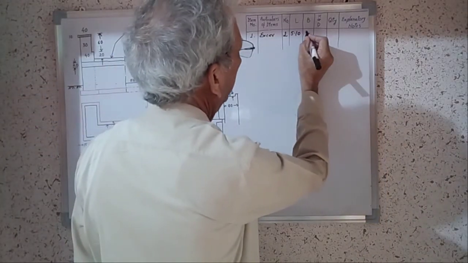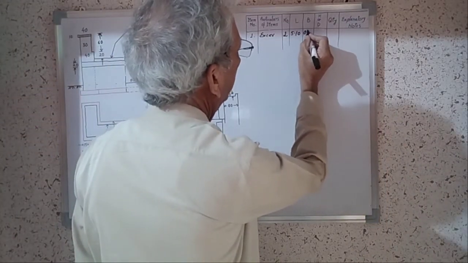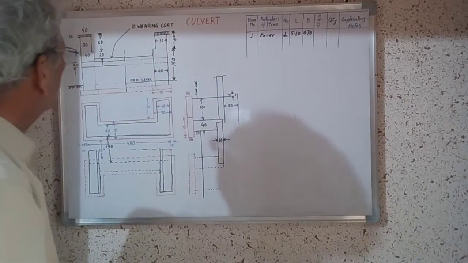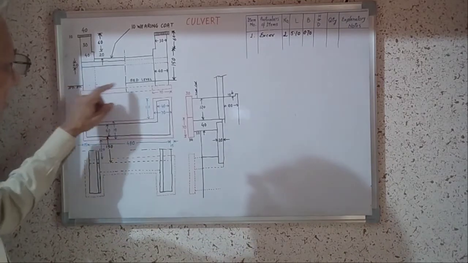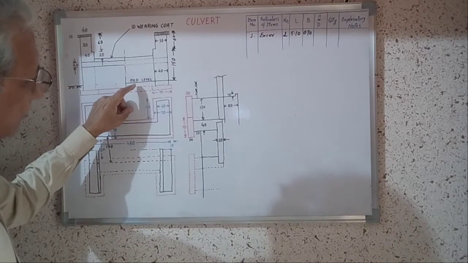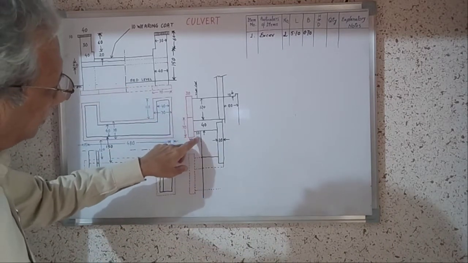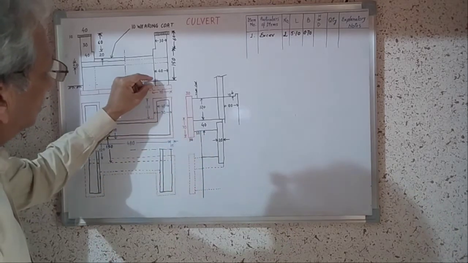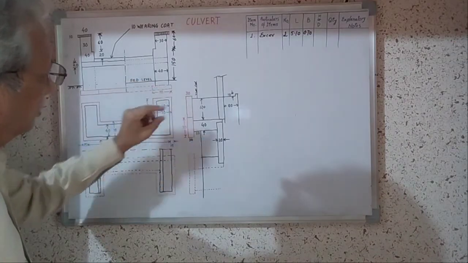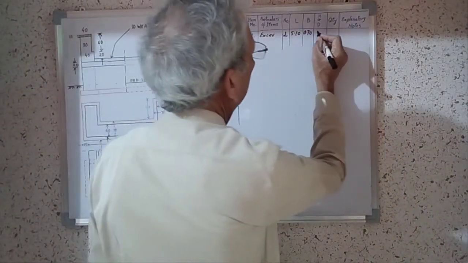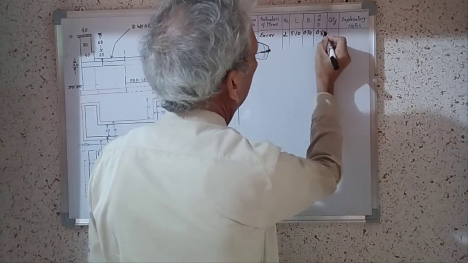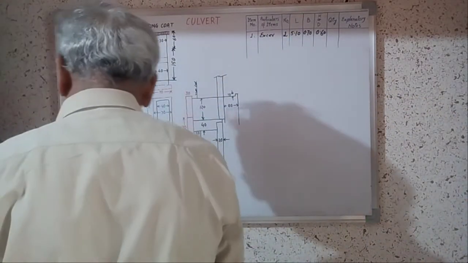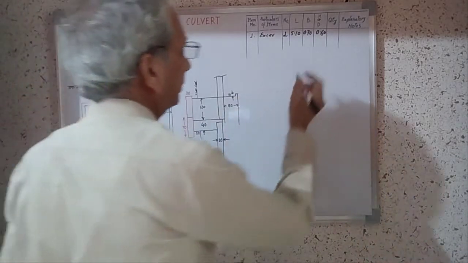Therefore we will write 0.70. Then depth. How much depth? This is our ground level, and we have gone 30 plus 30, 60. Therefore when we multiply, the result will be 428.